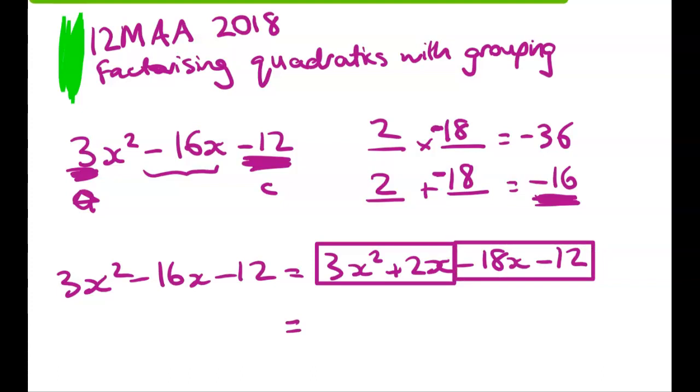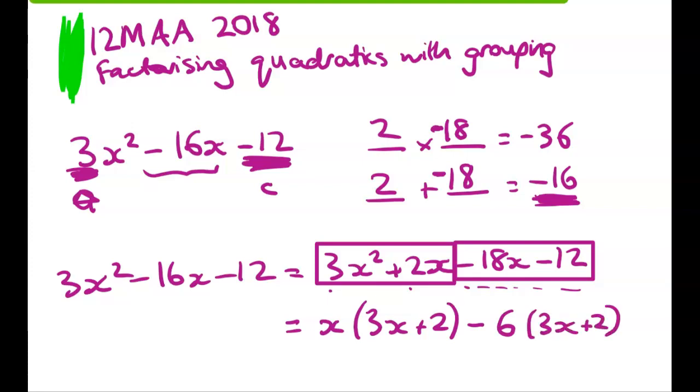Factorising the first two, there's no common factor in the numbers, but I've got x times 3x plus 2. Now looking at the last two, I've got minus 6 times 3x plus 2. We can pull all of that together and get x minus 6 times 3x plus 2. So that's the denominator done.